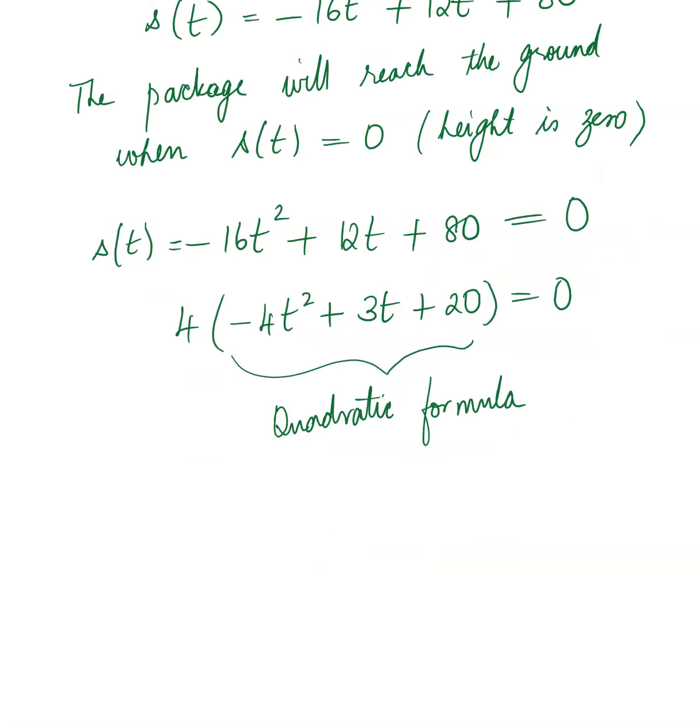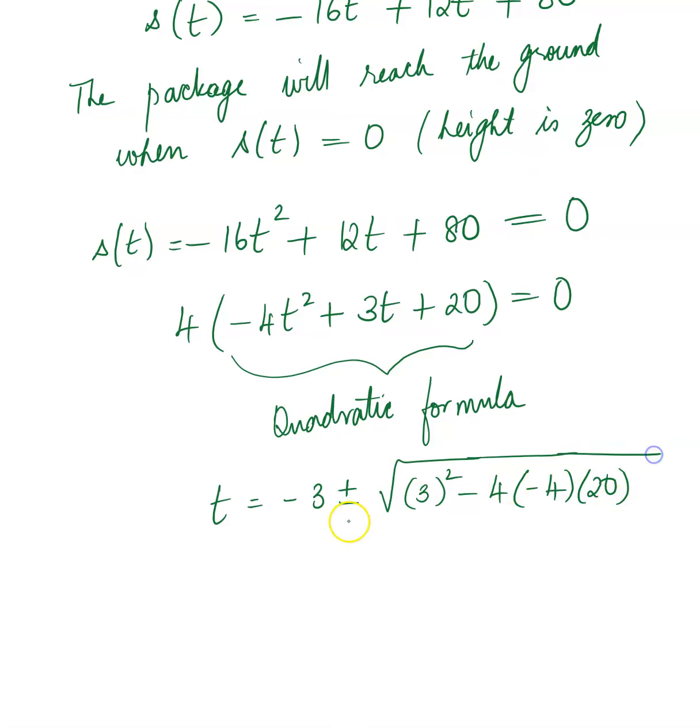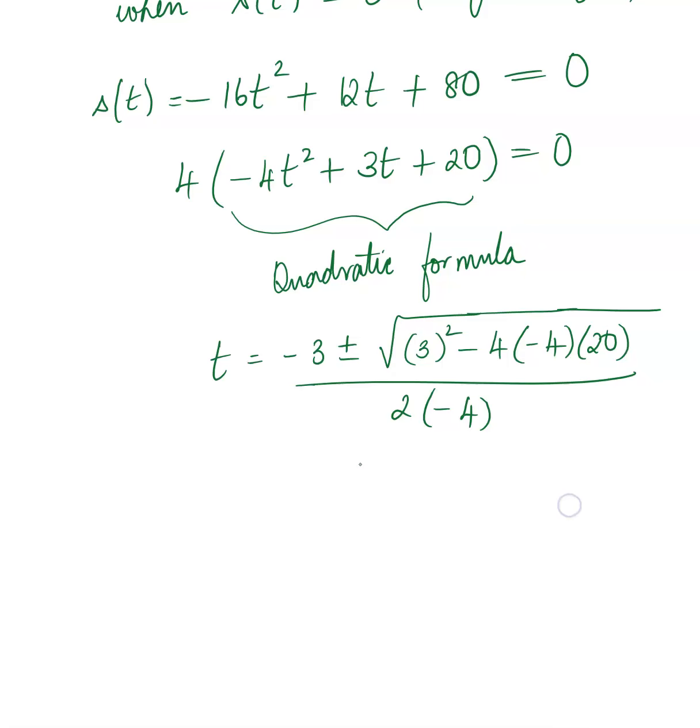Use the quadratic formula, and that will give us t is negative b plus or minus the square root of b squared minus 4ac, all over 2a. Of course, I will let you do the algebra part and use your calculator because we are trying to find the time, and we want it to be in decimals.